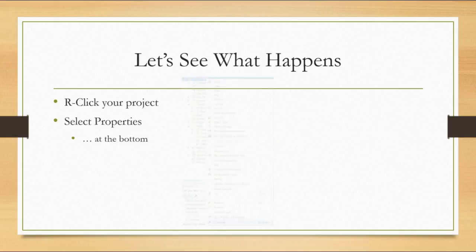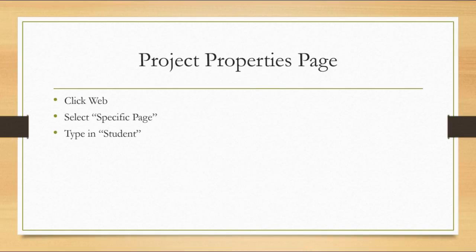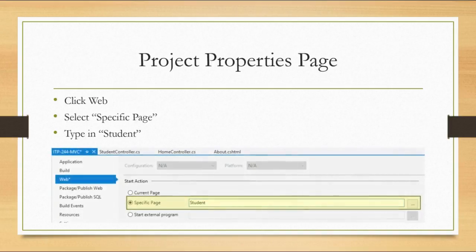So you right click on your project, and way down here at the bottom, right click the project, not the file, but project ITP 244 MVC. Down here at the bottom it says properties. We're going to click on that. That brings up a box here.